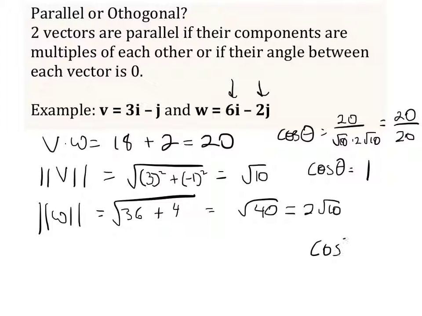Well, the inverse cosine of 1 is 0. Okay? So what that means is that these two are parallel. As soon as you get theta equals 0, you know for certain they're parallel. Again, you can look at the coefficients and see if they're multiples of each other. That also will tell you that they're parallel.